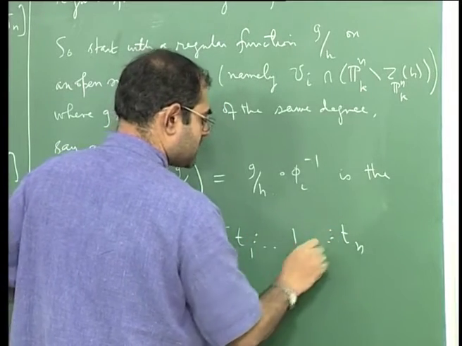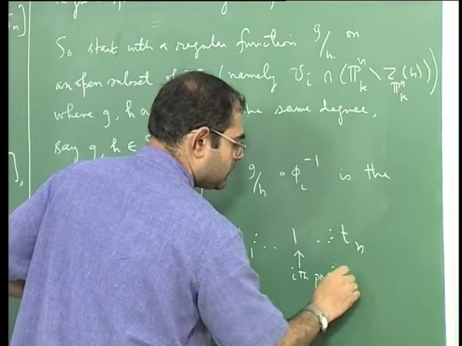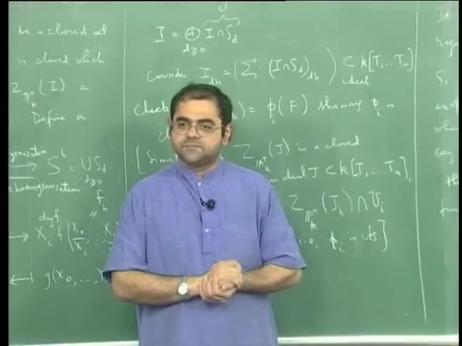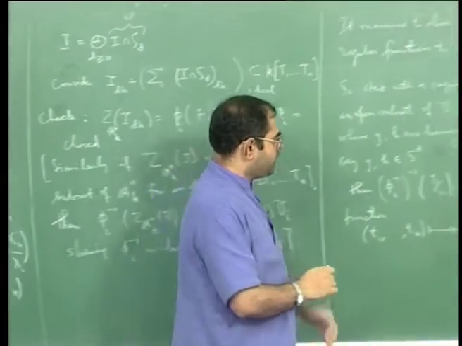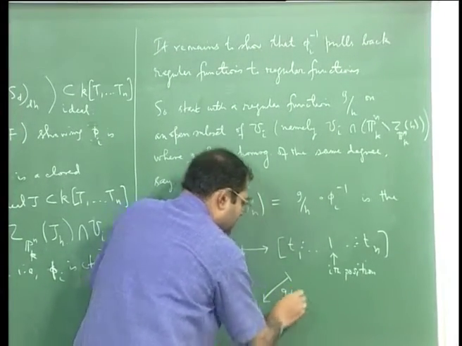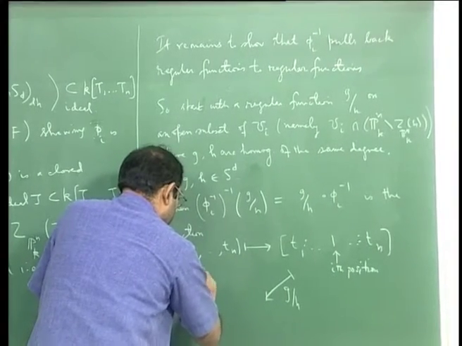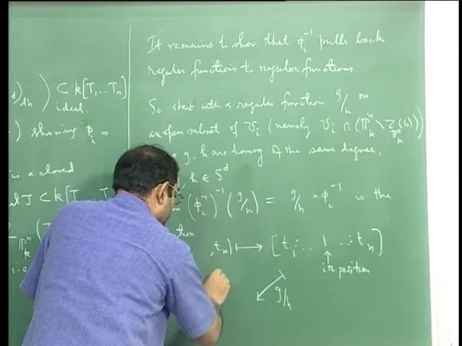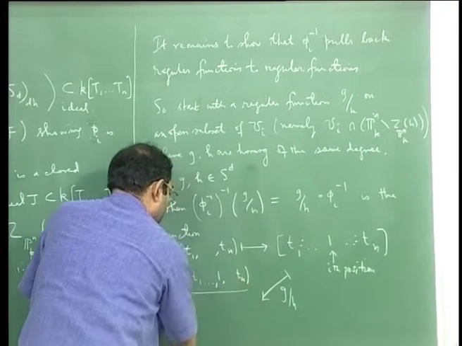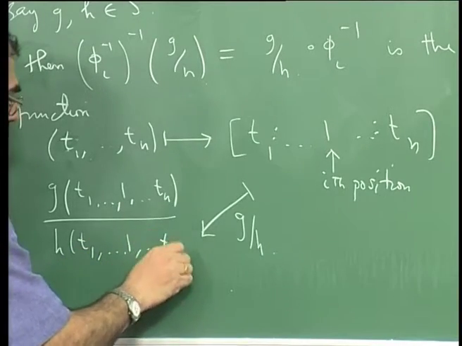These are the homogeneous coordinates where this 1 is in the ith position. This is the map which is phi inverse, and then I am going to apply g/h to this, and so what I will get is g of t1, etc., 1, ..., tn by h of t1, 1, tn.